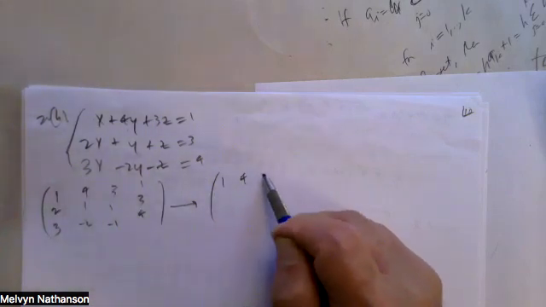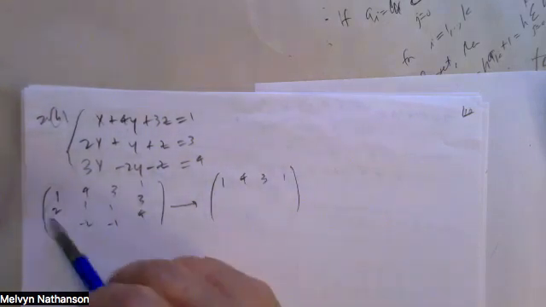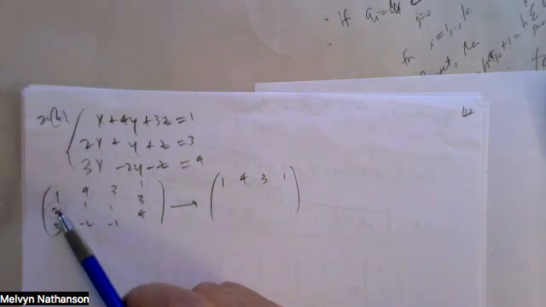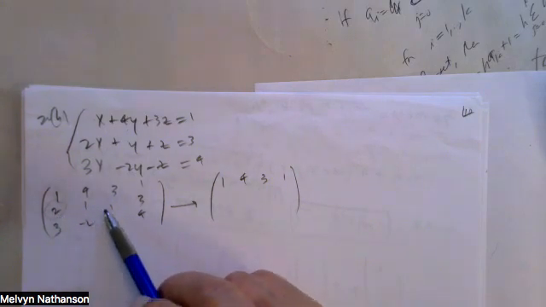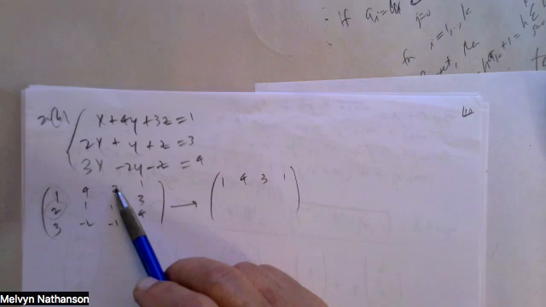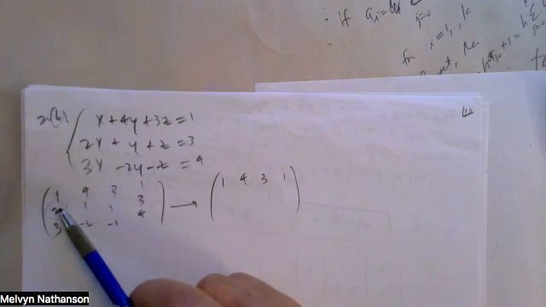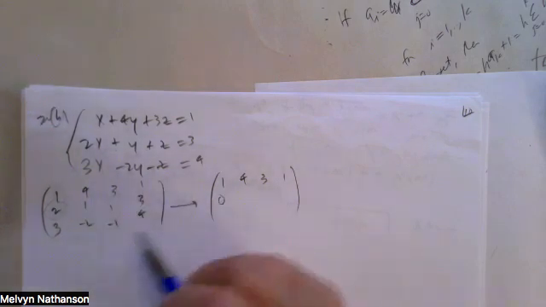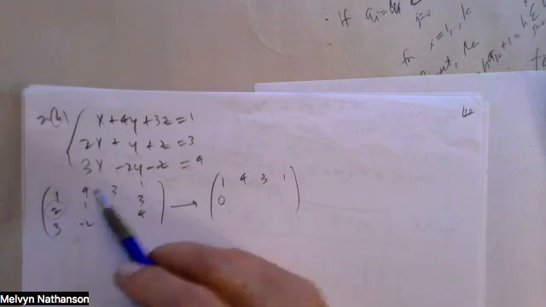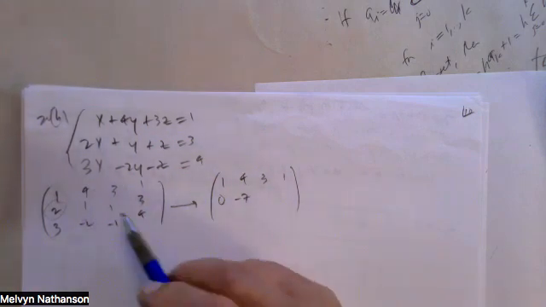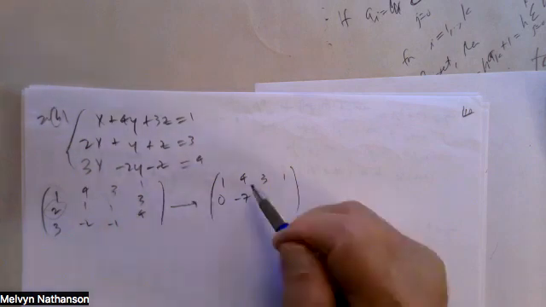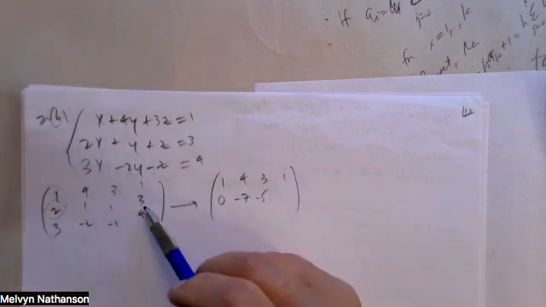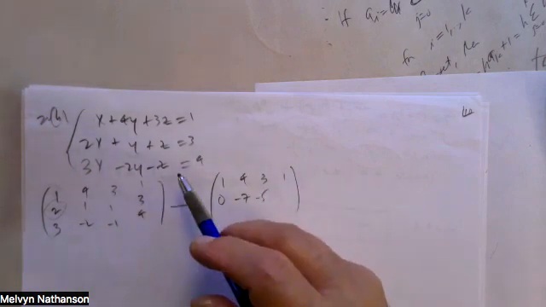So my first row starts with a 1, which is great. And then I want to get a 0 here. To get a 0 here, I take the second row minus 2 times the first row. So 2 minus 2 is 0. 1 minus 8 is minus 7. 1 minus 6 is minus 5. 3 minus 2 is 1.